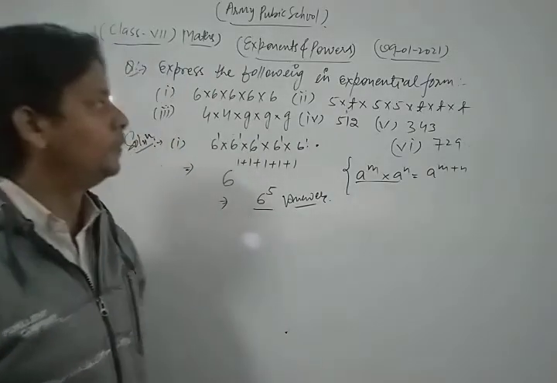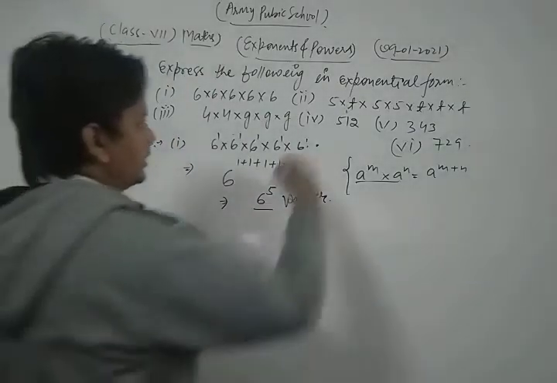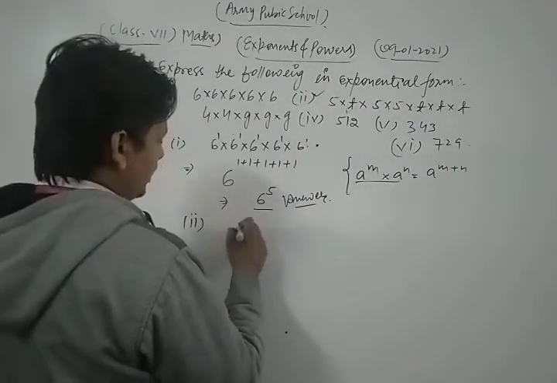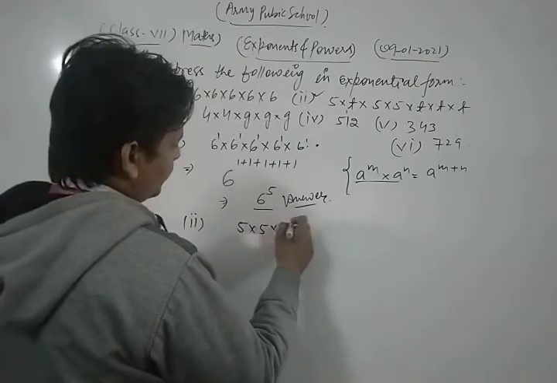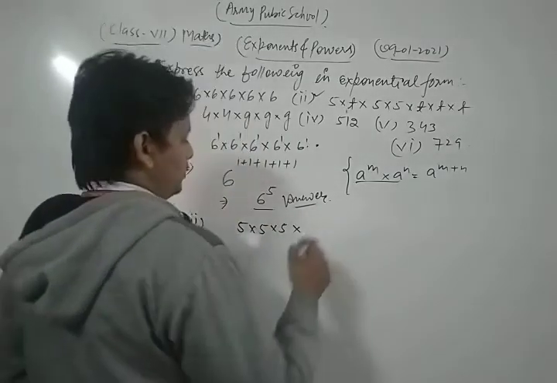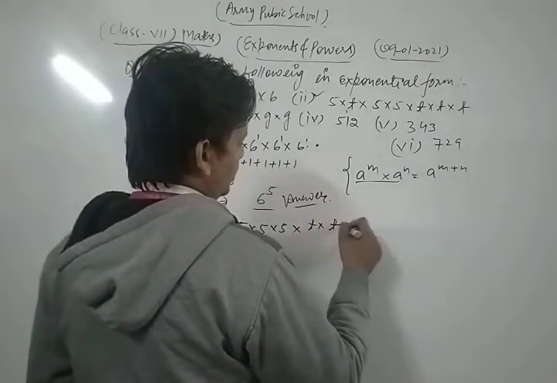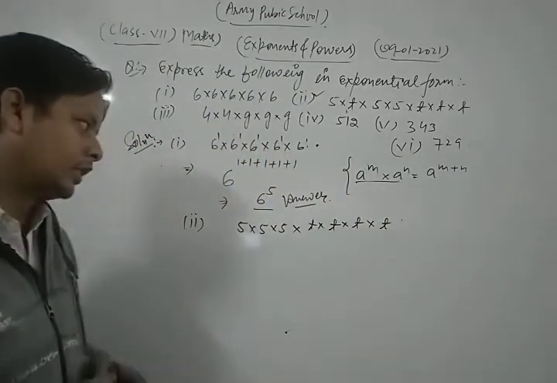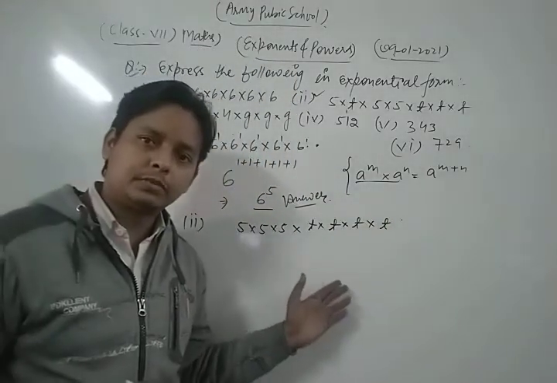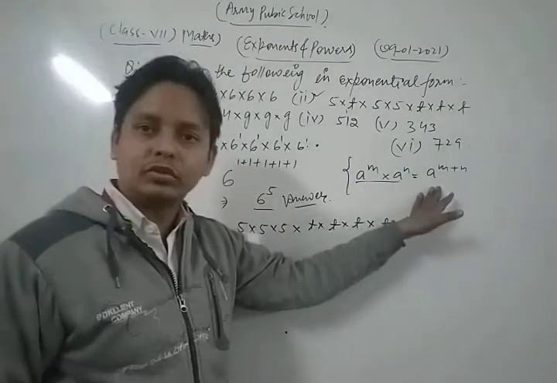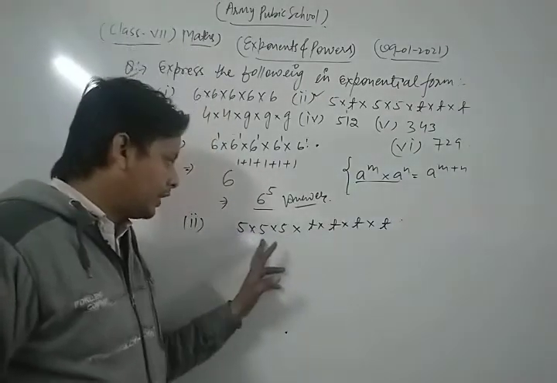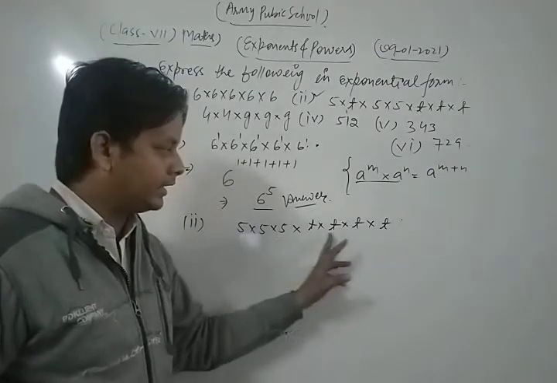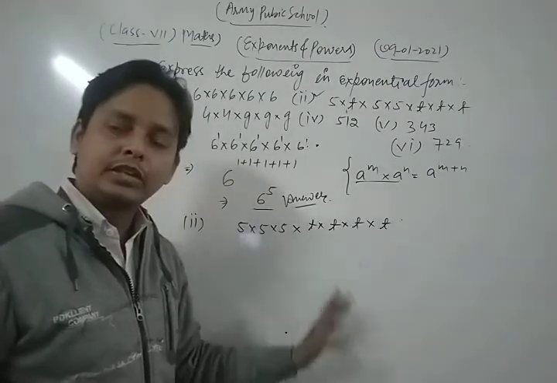Okay, dear student. Now we take and solve the second part of this question. The second part is 5 into 5 into 5 into t, mentioned 4 times, t into t into t into t. Now let's see its solution. Here we again apply the laws of exponents. The bases 5, 5, 5 are the same, so we add their powers.